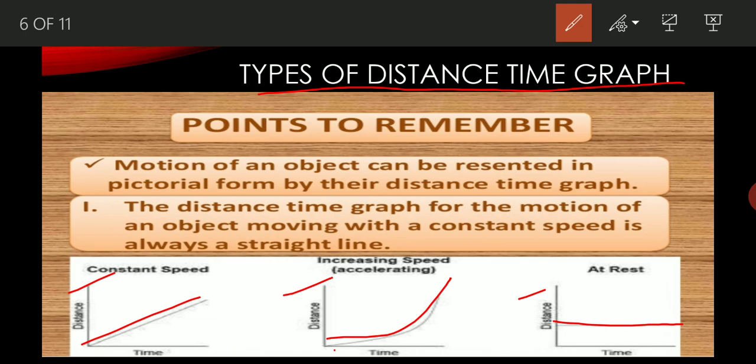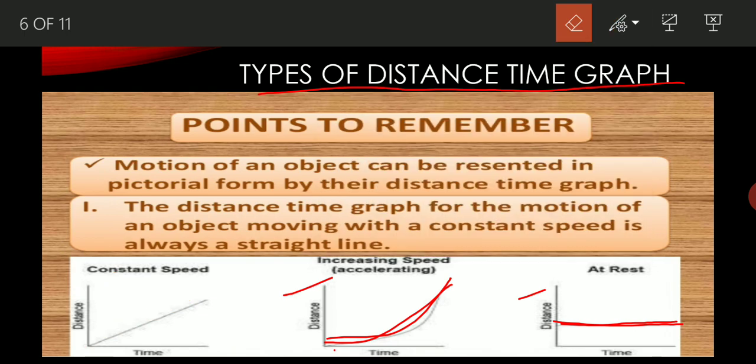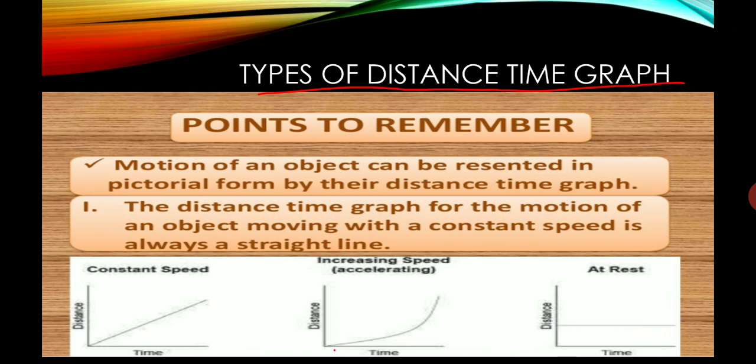There will be three possibilities. The first one, we get the graph as a straight line; the second, we get the graph as a curved line; or the third, we get a line parallel to the time axis. Clear? So what results can we draw on the basis of this?